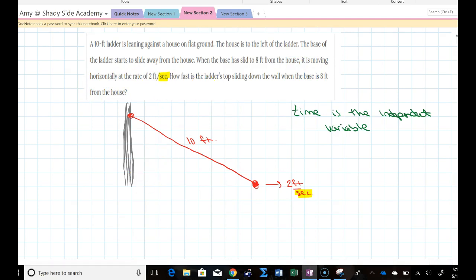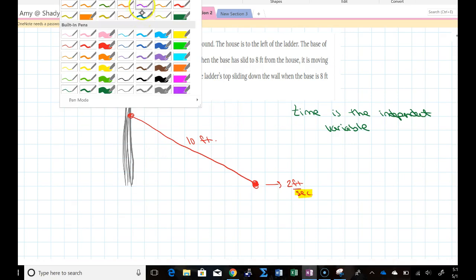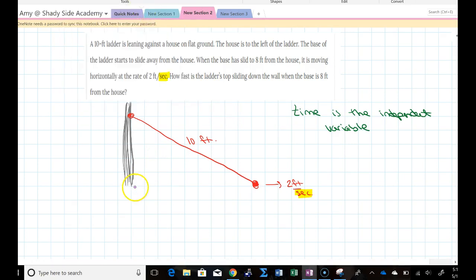If the base is being slid outwards along the floor at a rate of 2 feet per second, it is fair to say that this distance here, I'm going to call this distance x. X is the distance the base of the ladder is from the wall. I'm going to say that this 2 feet per second, yes, it is the rate at which this ladder is being dragged away. It is also the rate at which this distance x is changing.